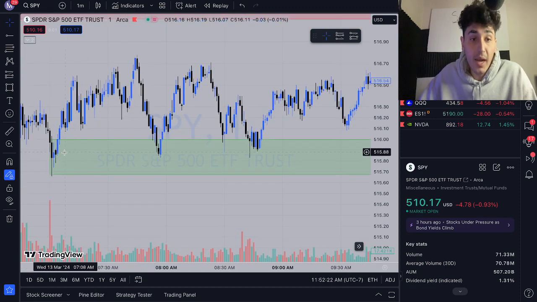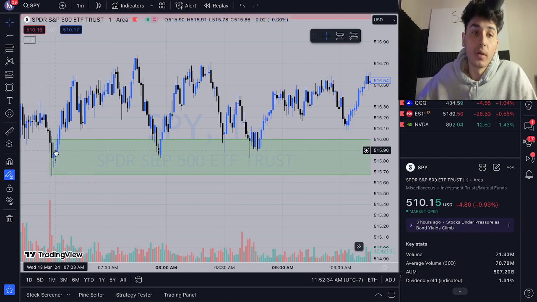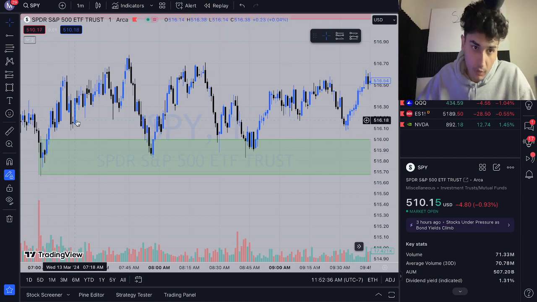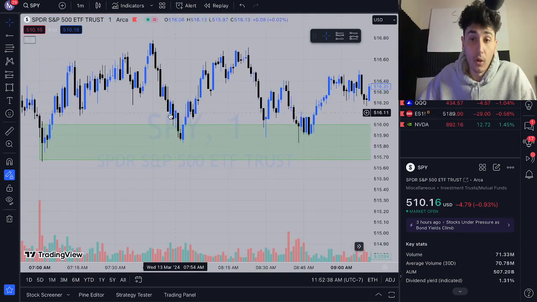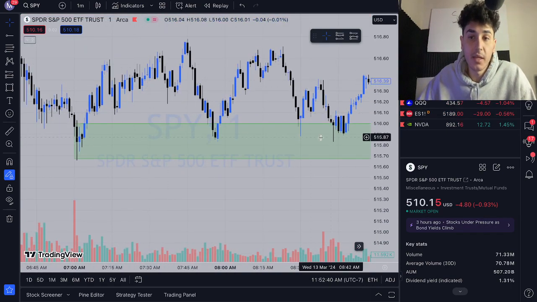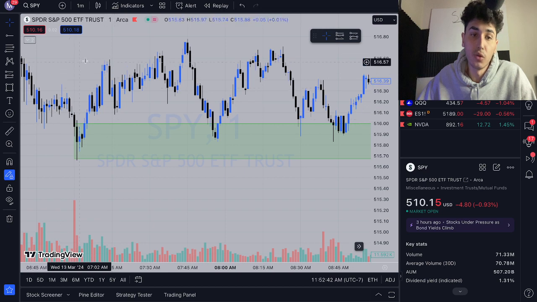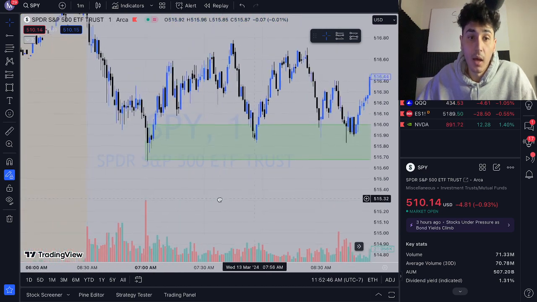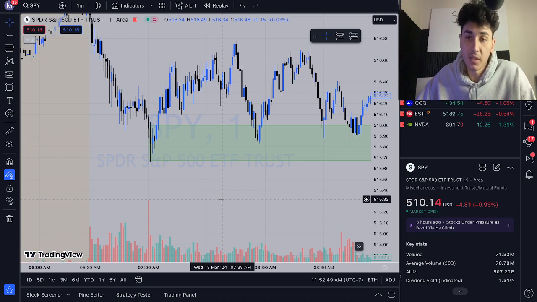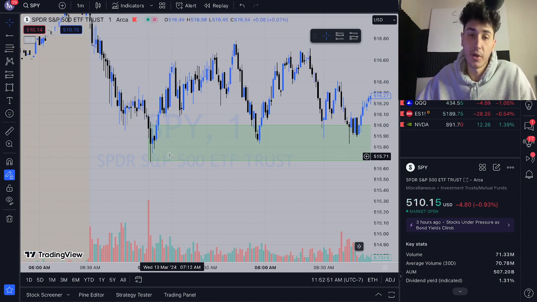Now, when I draw my 1-minute demand zones, it's different than how I drew my 5 minutes, because on the 5-minute I showed you I was just drawing them with the wick. But on the 1 minute, we're going to be using the whole candle. What I do is look for a large move or a sudden reversal within the market, because that means excessive buying or selling pressure is being presented.